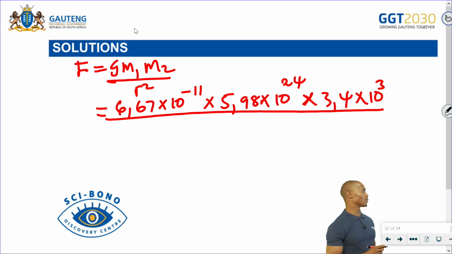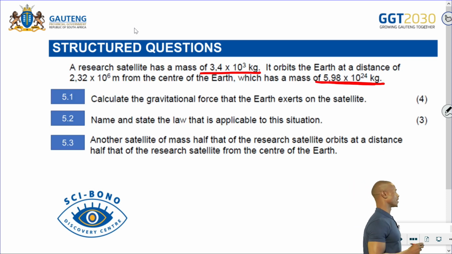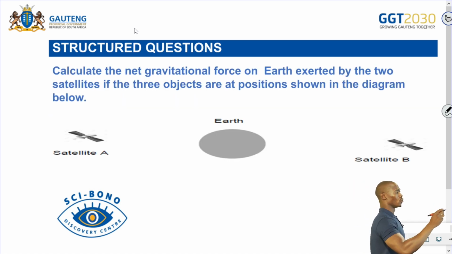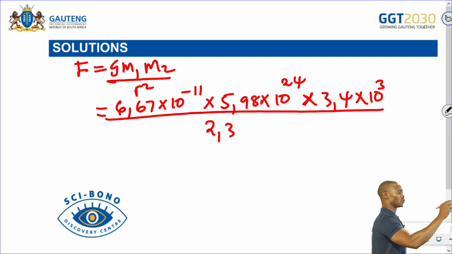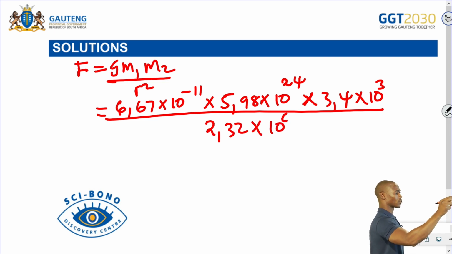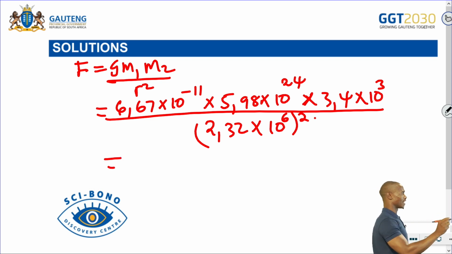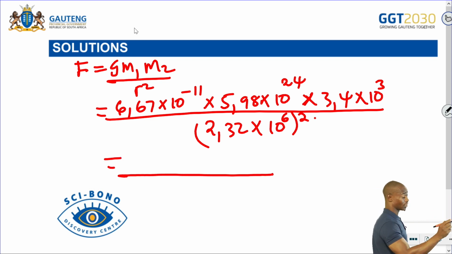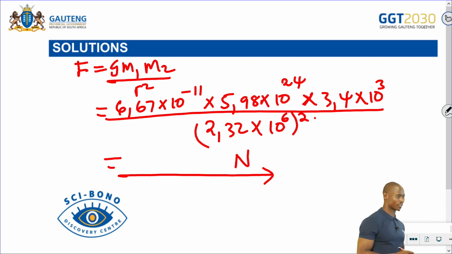What is the distance between the centers? It is 2.32 times 10 to the power 6 meters, all squared. Then we'll get gravitational force in newtons. Okay, so what is the gravitational force in newtons?